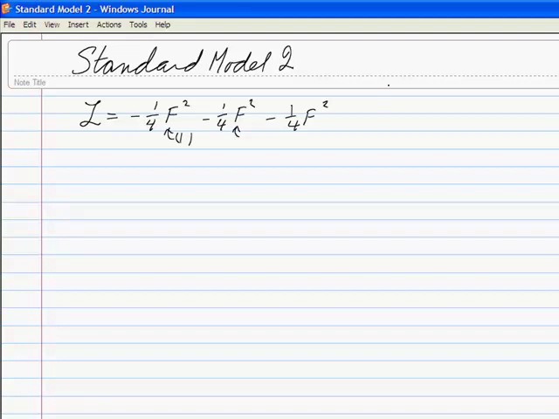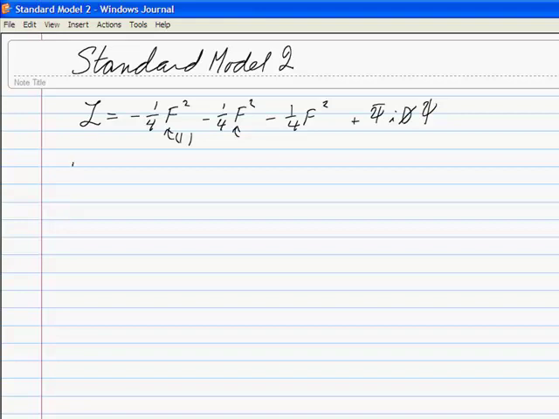We put the right indices on that, and there's a sidebar, psi-bar D-slash psi, where we sum over all the fermions. So the compact notation is just two terms, F squared and D-slash.